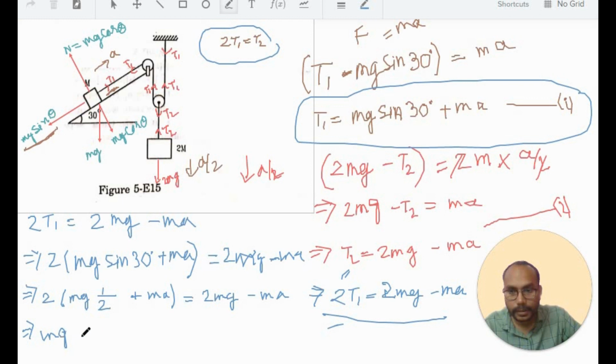mg plus twice ma equal to twice mg minus ma.